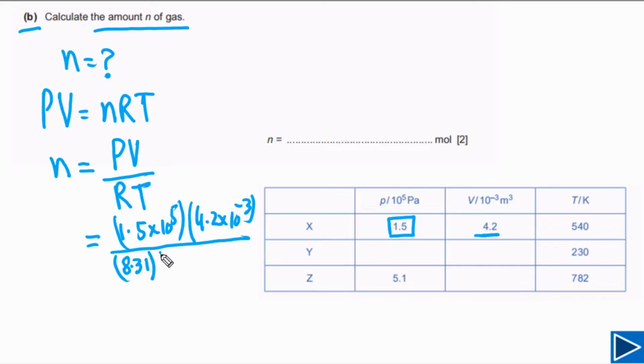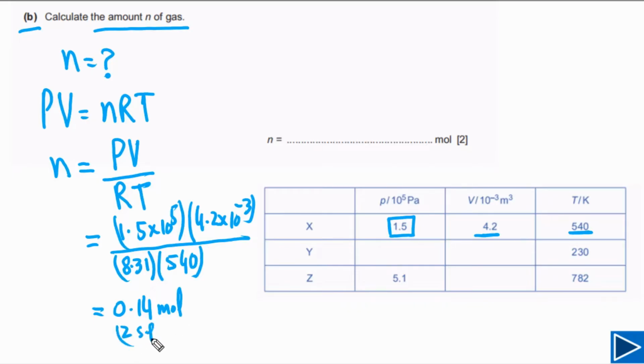Temperature has to be in Kelvin, and it is already given in kelvins, so we can plug in the value of temperature. If we calculate this, our final answer will be 0.14 moles up to 2 SF.